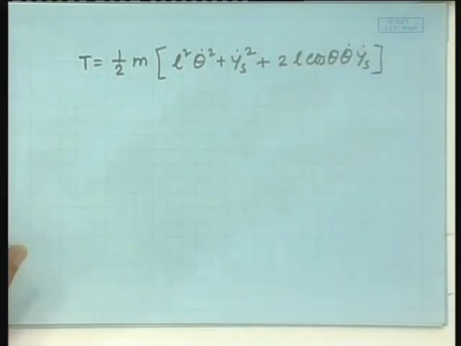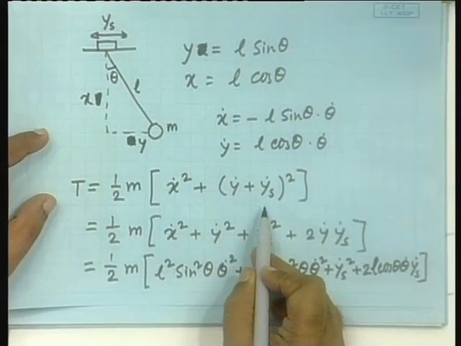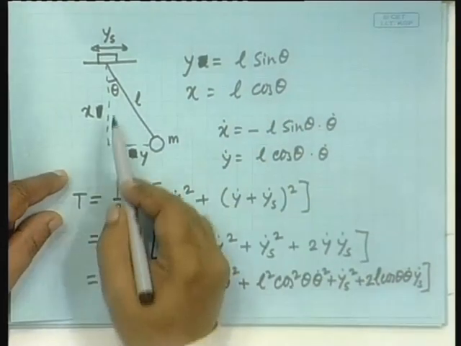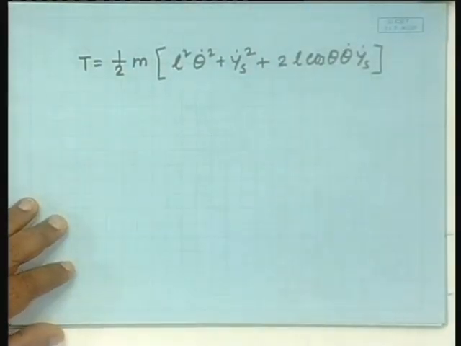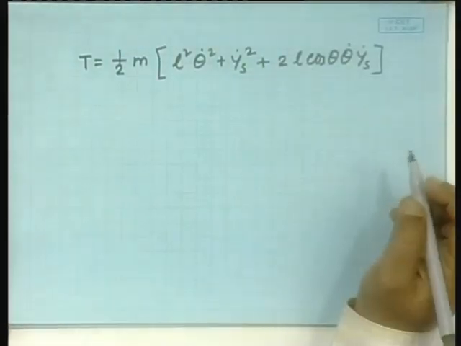Happy? Look, the procedure is pretty straightforward. What we have done, we have identified what the velocity would be, and accordingly we have written it in terms of the actual generalized coordinates. These are this theta, and of course y s also has to be one coordinate.